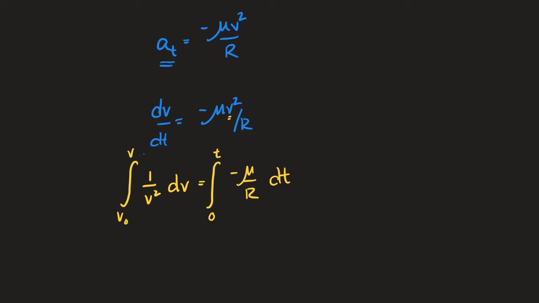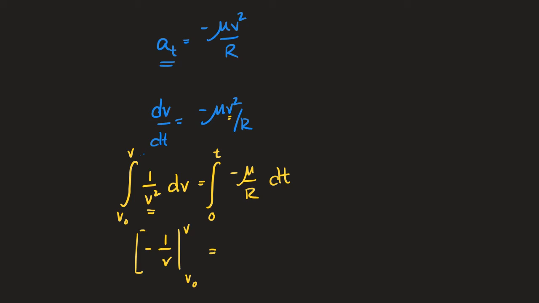So the left side, I need to find the function for this. This is just v to the negative 2 power. So I'm going to add 1 to it and have negative 1 over v evaluated from v naught to v.